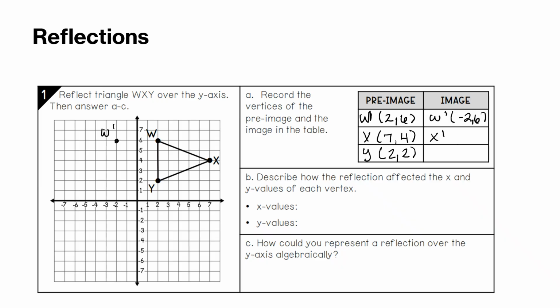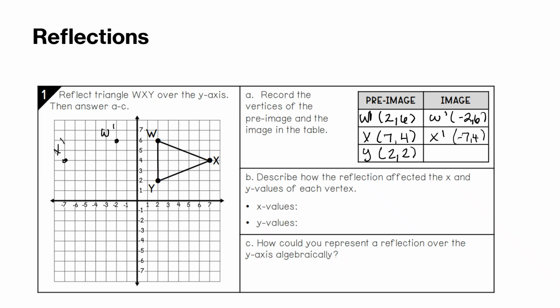X is, start at the axis, 1, 2, 3, 4, 5, 6, 7 right of the axis, so we're going to go 7 left. 1, 2, 3, 4, 5, 6, 7. So that's X prime. So my new coordinates are now -7, 4.